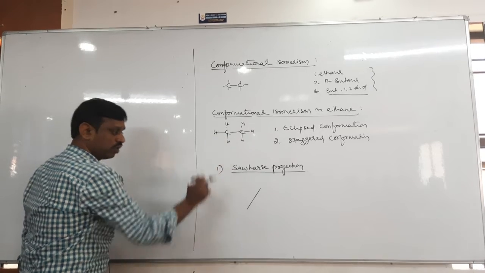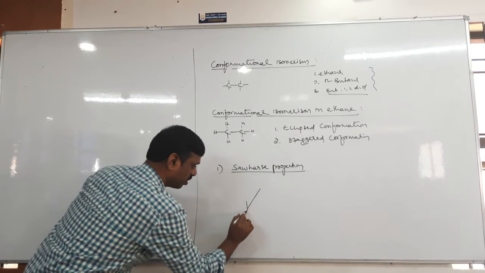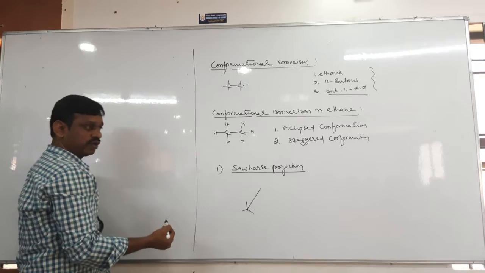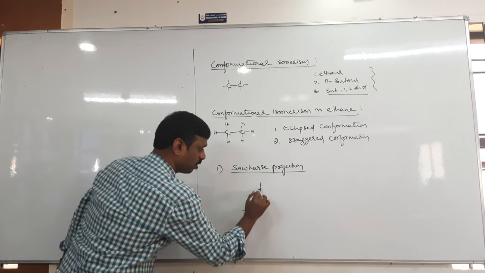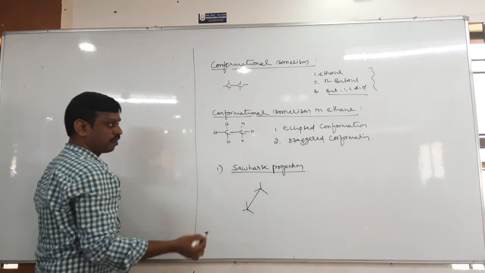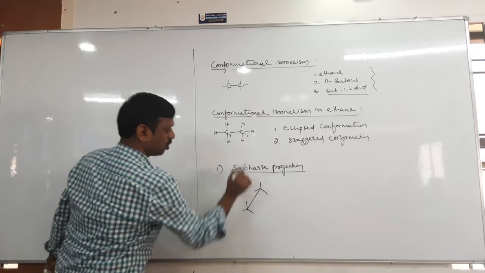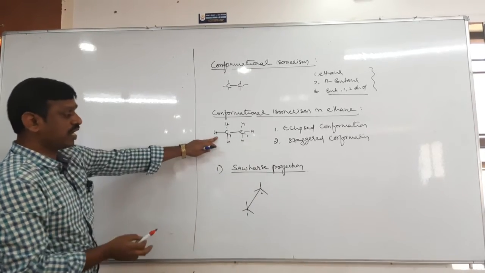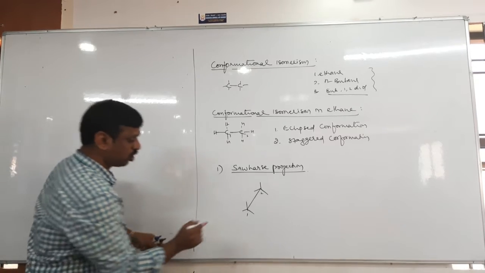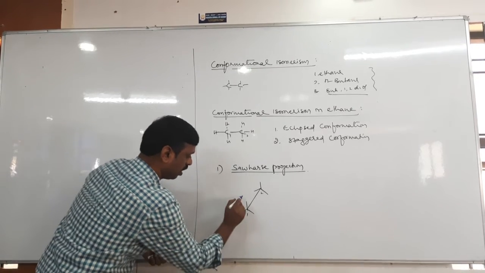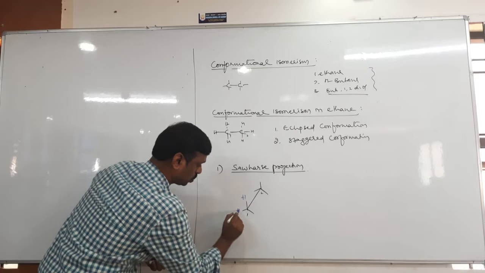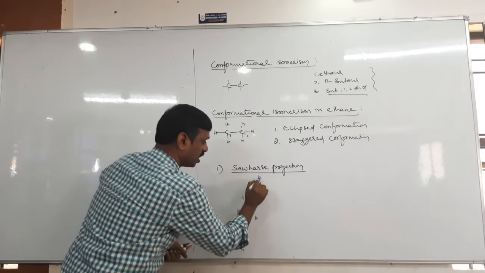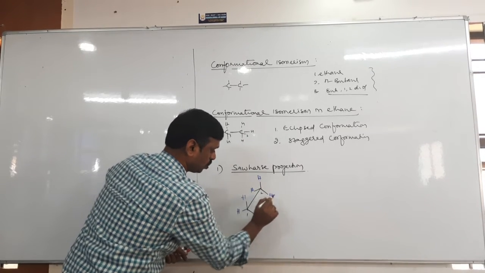This carbon. Therefore, this is the front carbon. We are observing from here, so this becomes the rear carbon or back carbon. Carbon 1, carbon 2. Now this carbon has how many hydrogens? Three hydrogens. Let us take hydrogen 1, 2, 3. So this carbon also has three hydrogens, 1, 2, 3.